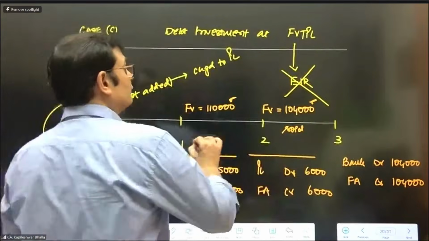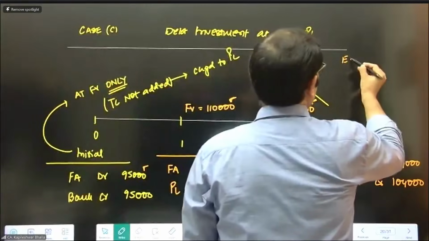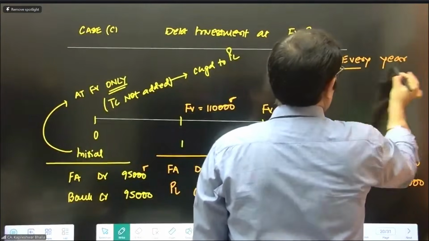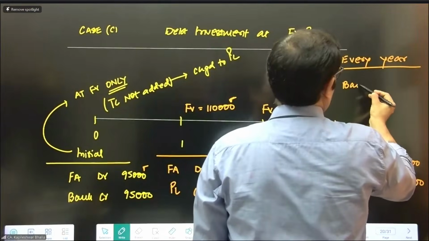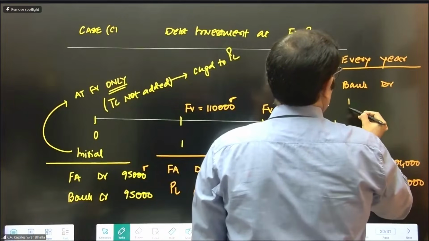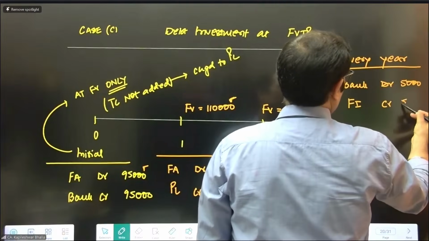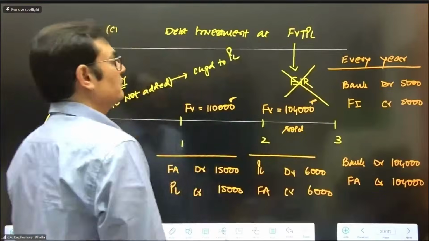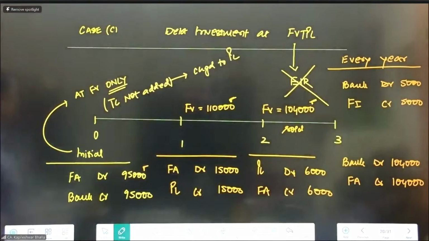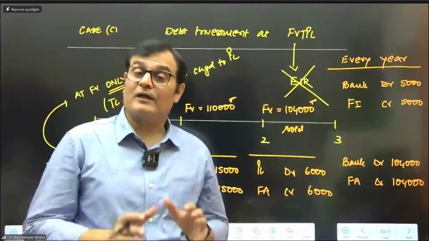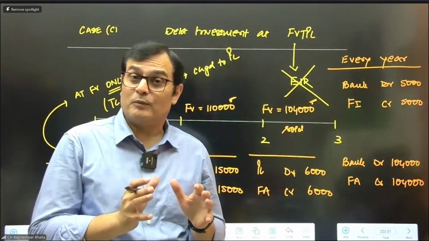A common entry for interest every year: bank gets a debit, finance income gets a credit. That 5,000 interest which you receive every year is simply taken in the profit and loss year by year. Right, so I think that takes care of our 3 cases of the debt investments.